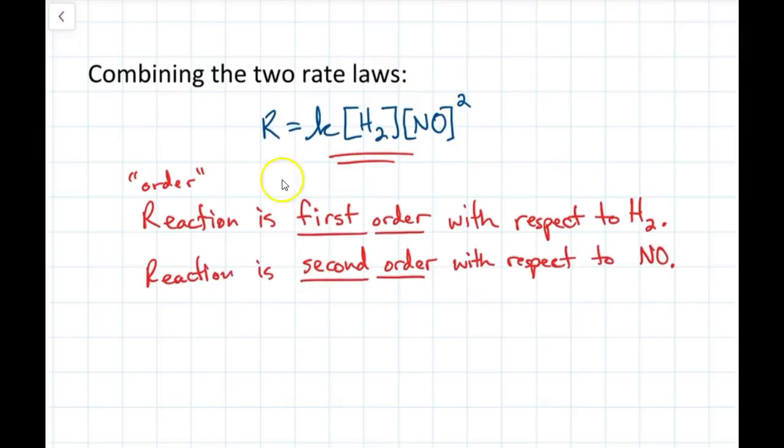So in other words, it's proportional to the square of NO. The other thing is you'll see the reaction is third order overall. And again, this is just language that you'll see. You might encounter this in the lab. You might encounter it in a future class. But basically, it's just a fancy way of saying that, well, it's first order with respect to hydrogen, second order with respect to NO, and you're just literally adding them up. So very, very simple.